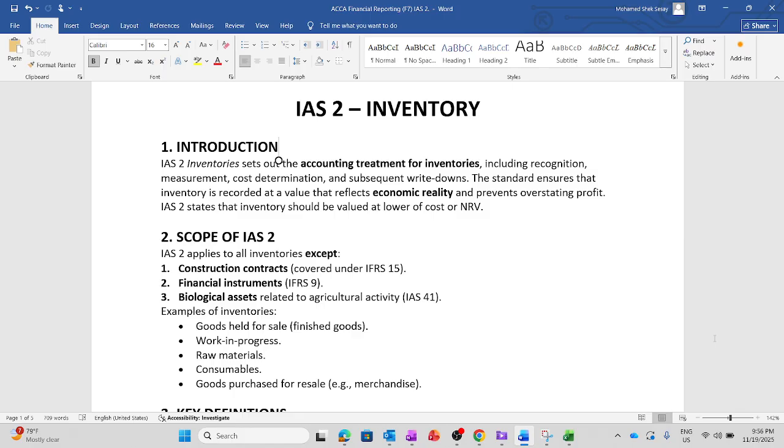Now let's understand the definition of inventory, which is very much important. We are going to look at the definition of inventory in two broad categories. One has to do with the inventories that we can use to directly recognize revenue.